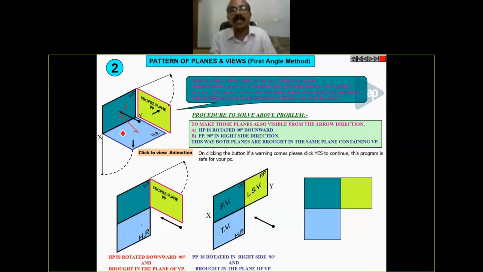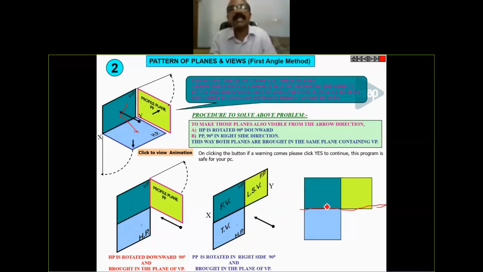For drawing the projection of any object, first we have to draw the XY line. So this is your XY line. Considering the XY line, first you have to consider the elevation, which is an image seen on the vertical plane.